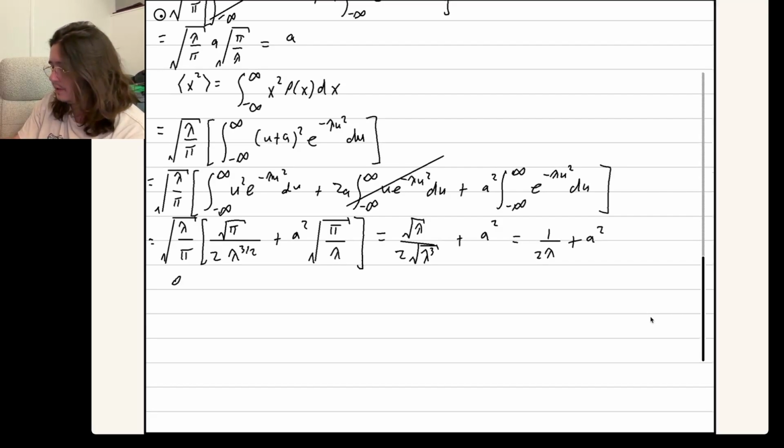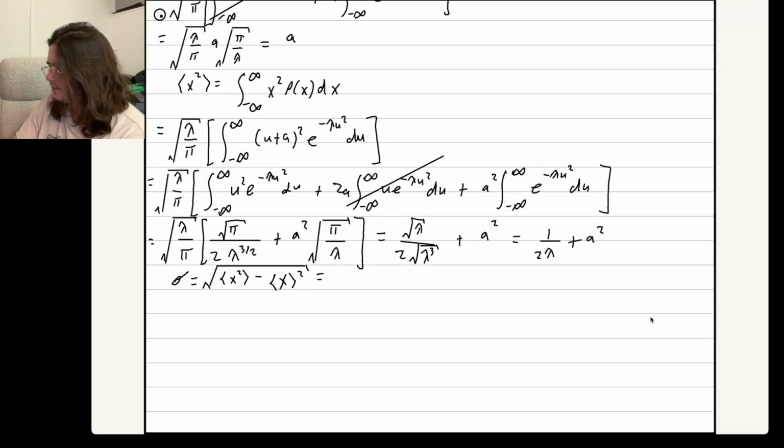So then the standard deviation will be the square root of the expectation value of x squared minus the expectation value squared. Which is going to be the square root of 1 over 2 lambda plus a squared minus a squared.